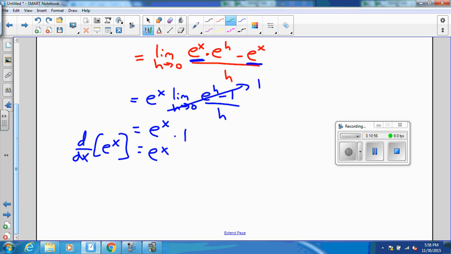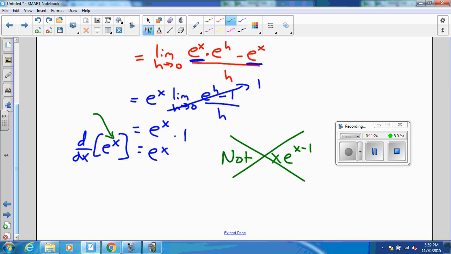Now please notice, beginning calculus students will get this confused with the power rule, and they will try to use the power rule on this expression, and they'll try to come up with something silly like x times e to the x minus 1. No, no, 1,000 times no. The reason that does not work here is that our exponent is variable. It is changing.